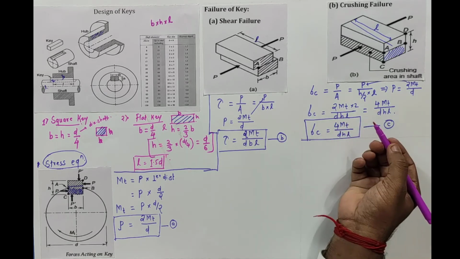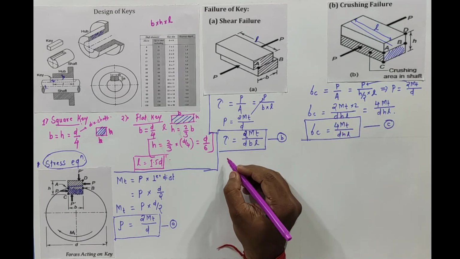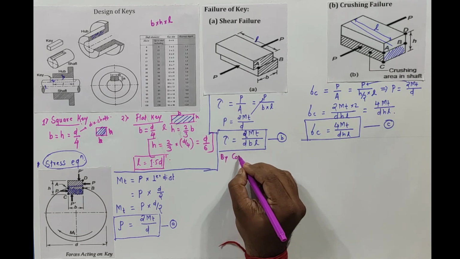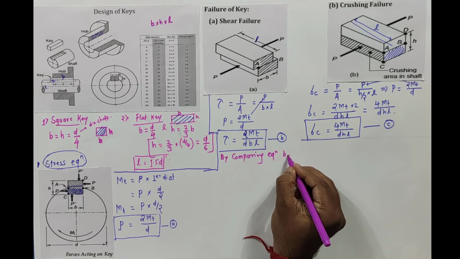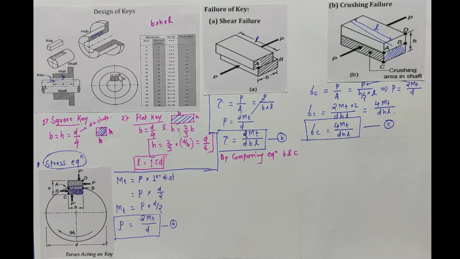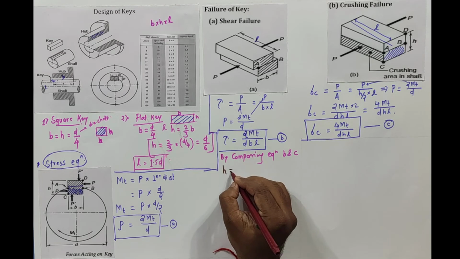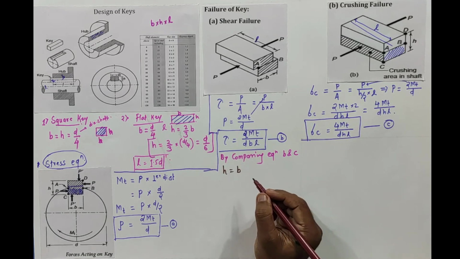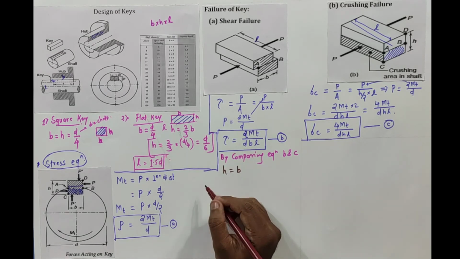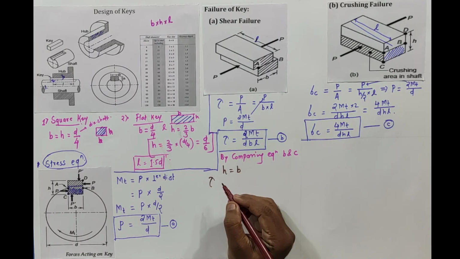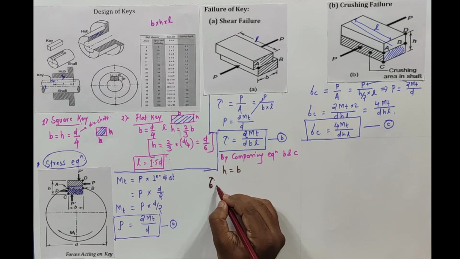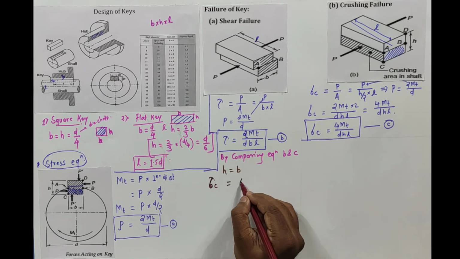Now if I compare equations 2 and 3, there are somewhat similarities we can see. So if I consider H is equal to B, then I can compare sigma c with tau.